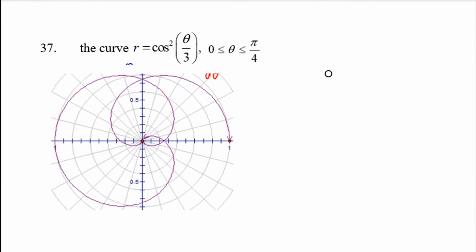Let's see what they want. So we have a curve, cosine squared. I don't understand the picture. Is this both of them? What's going on? That doesn't look like 0 to pi over 4. I just got it from the Dropbox note, but this does not look right. Yeah, let's forget this. I'm just going to get rid of it.